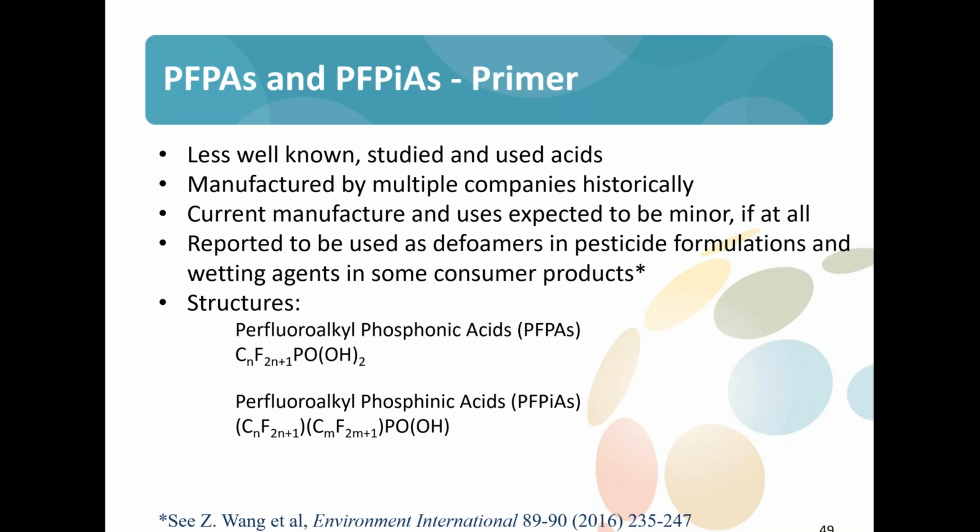Current manufacturing uses are expected to be really small, if at all. Given our contacts out there, Bob and I aren't aware of many, if any, uses of these chemistries, though they were used in the past as defoamers in pesticide formulations and as some wetting aids in consumer products. But we are not aware of how pervasive that use is now, but they did exist.